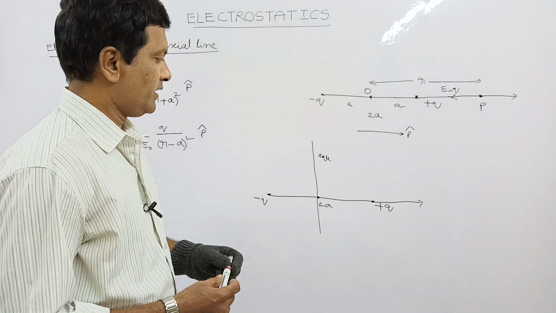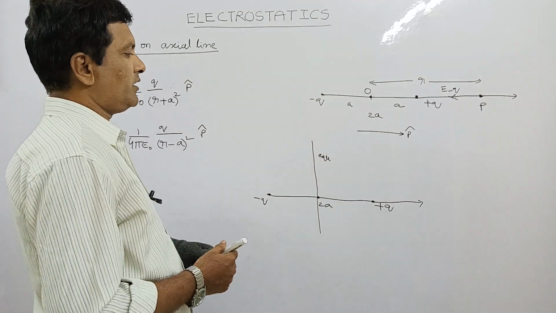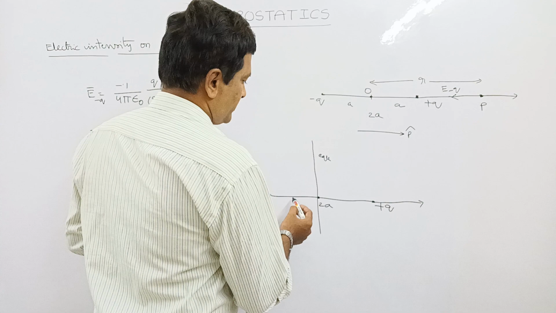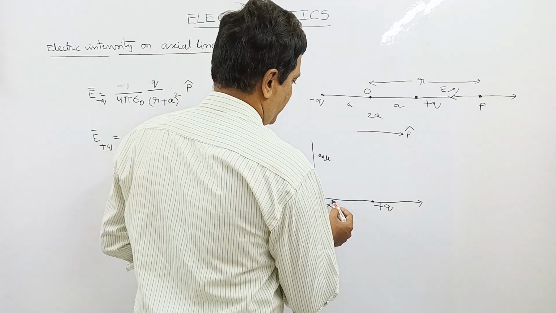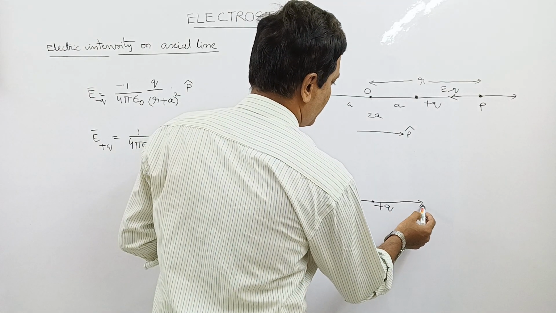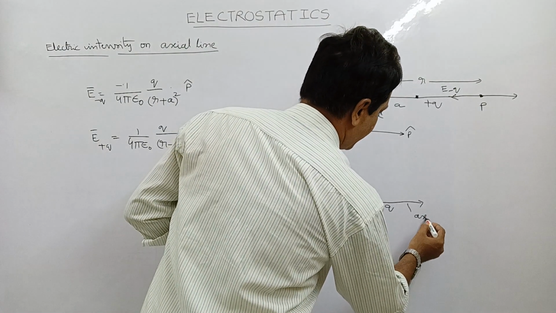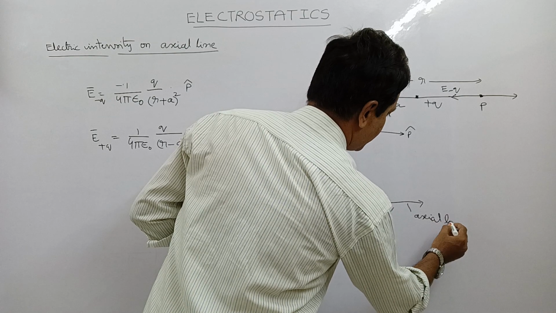So there are two cases. First we see what is an axial line. A line passing through the two charges and the center of dipole is called axial line.